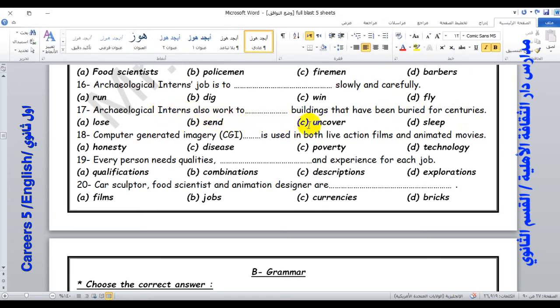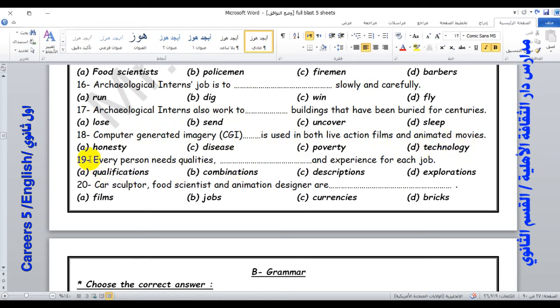Archaeological interns بالنسبة لمجال الآثار يكشفوا عن المباني التي تم اندثارها منذ قرون. 18. Computer Generated Imagery CGI. This is the abbreviation form of computer generated imagery. CGI is used in both live action films and animated movies. Technology, computer generated imagery, technology.